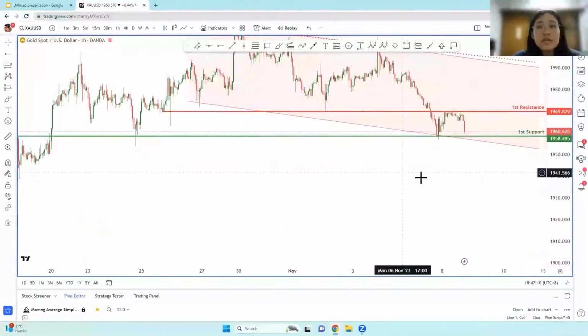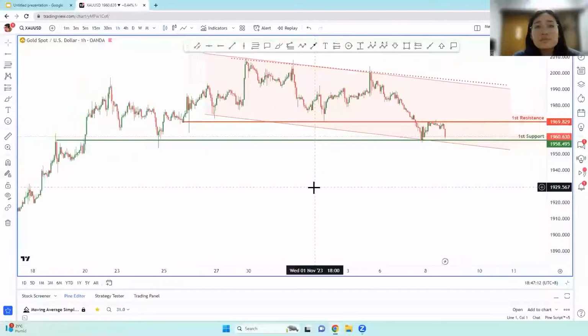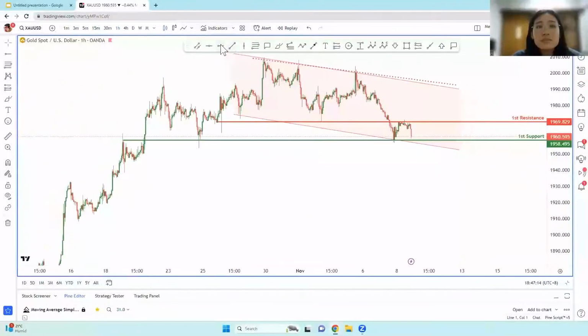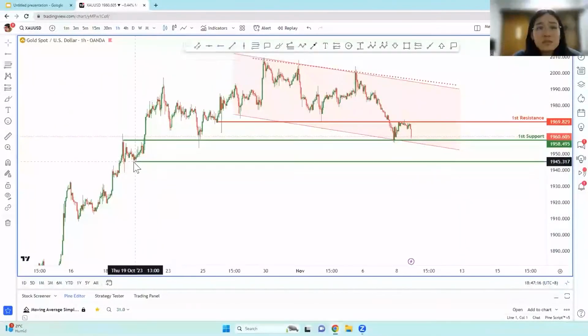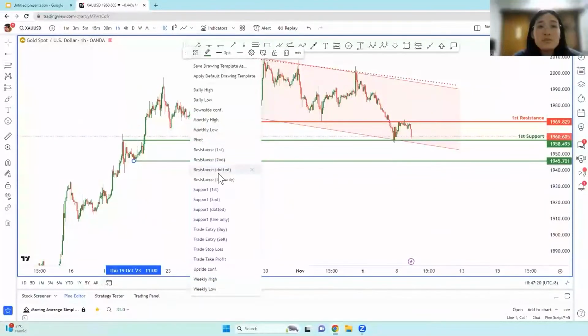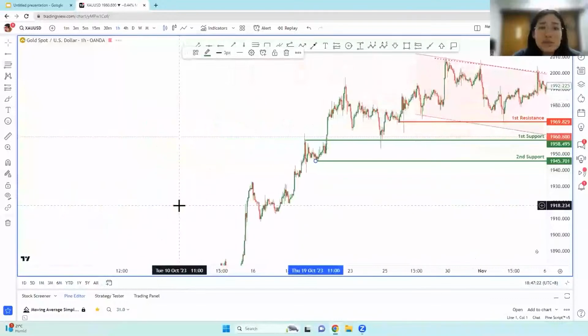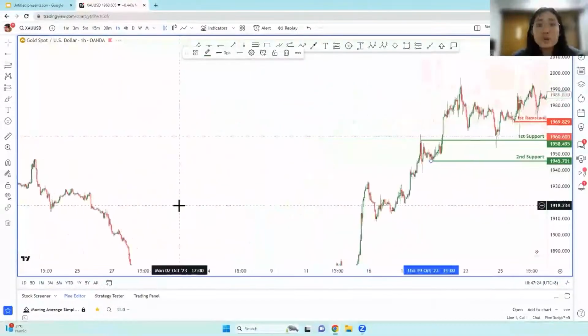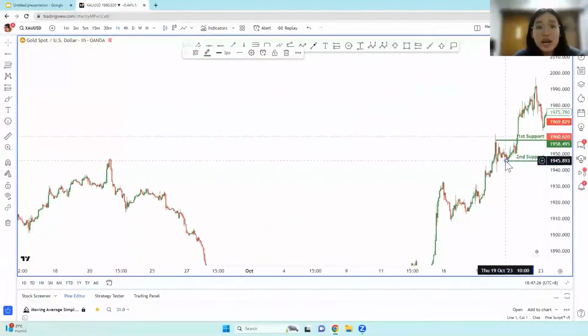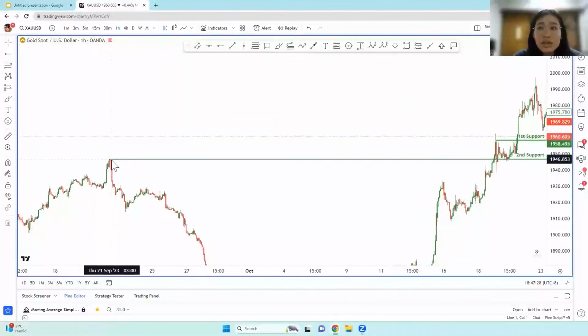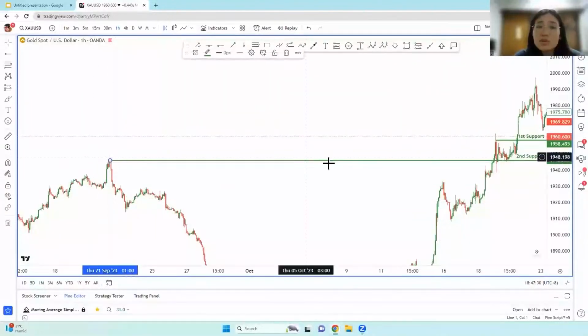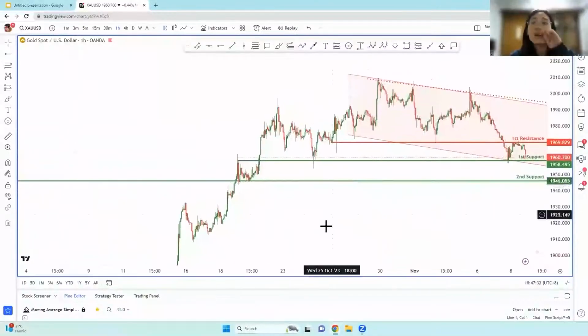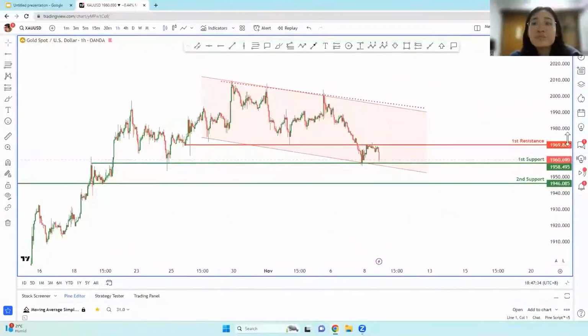And maybe here. This is purely graphical, just by looking at the swing highs and swing lows. You can always go in with your Fibonacci levels and adjust them accordingly.